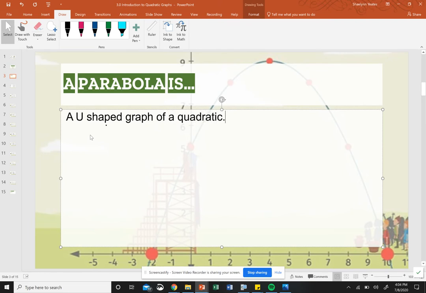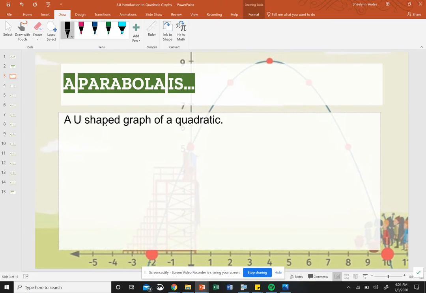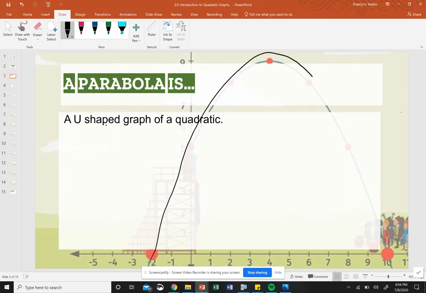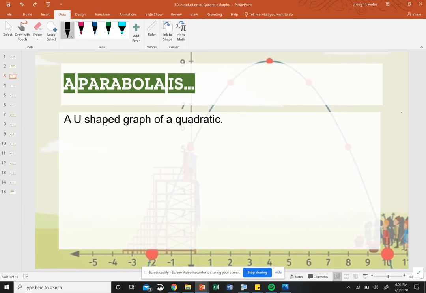There's actually a parabola right behind this. Do you see it? It's this. That's a parabola. Anyway, that's a parabola. It's a U-shaped graph of a quadratic.